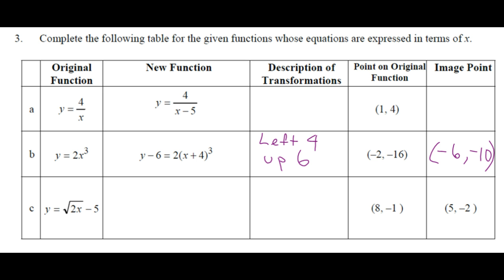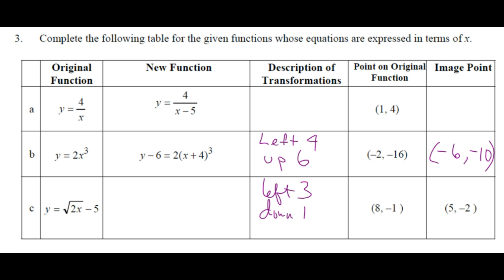And the last one, if I went from 8 to 5, then what did I do? I went left 3. If I went from -1 to -2, what did I do? I went down 1. Do we want to stretch the value? No, because the original one had the 2.